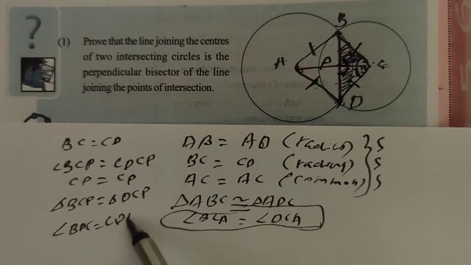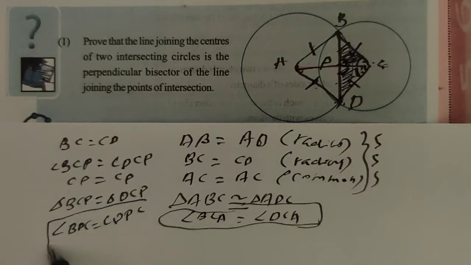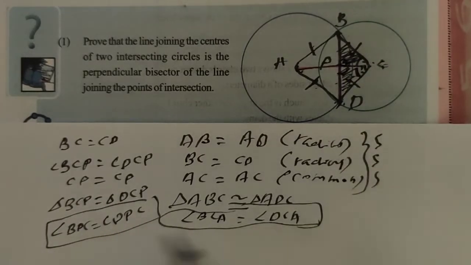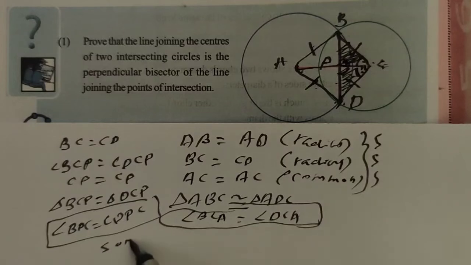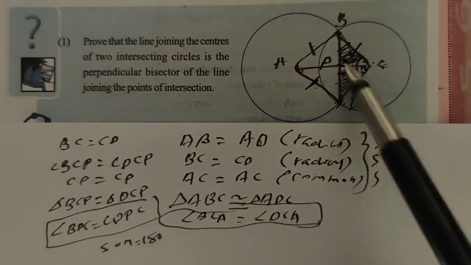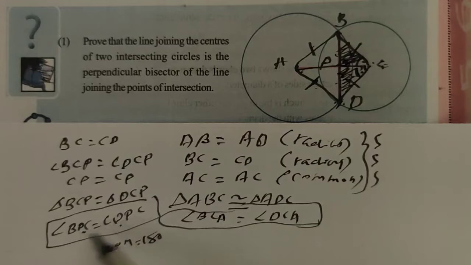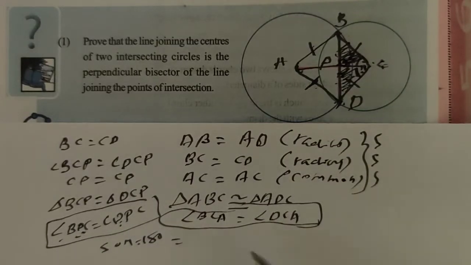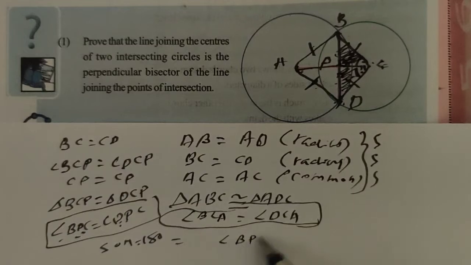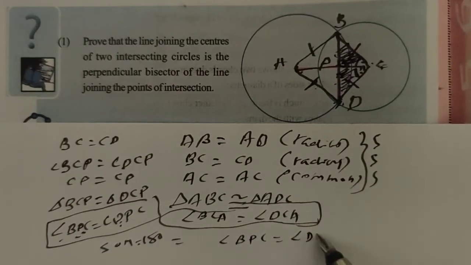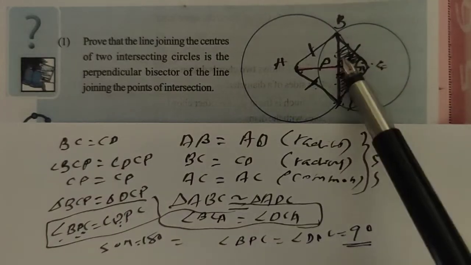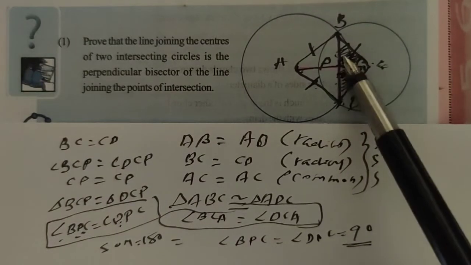What is the sum of these angles? The sum is 180 and they are equal. What happened? Each angle BPC and DPC is equal to 90 degrees. The sum is 180 and these two angles are equal.